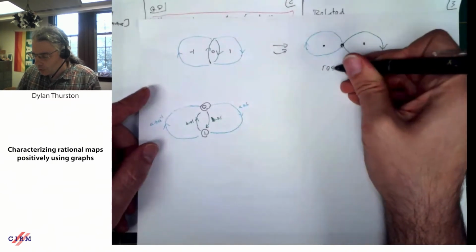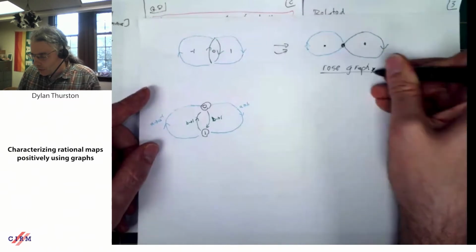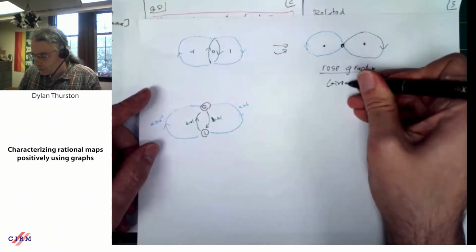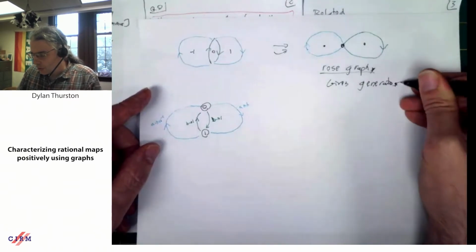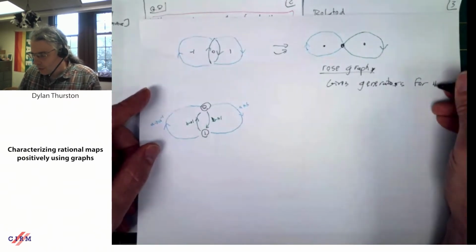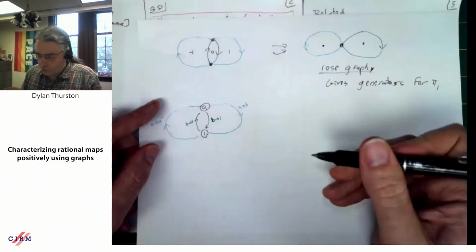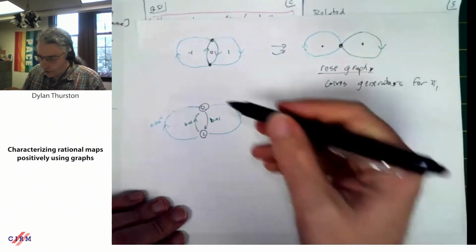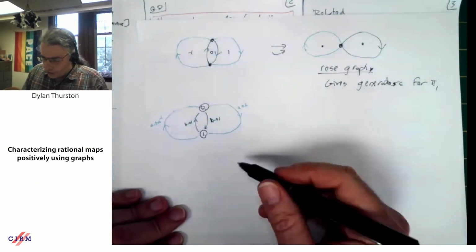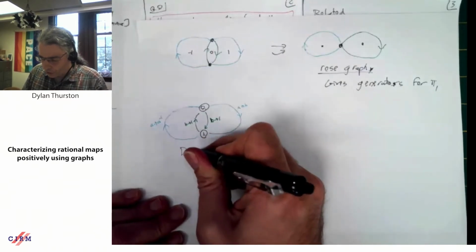So this is what's called a rose graph. And it naturally gives generators for the fundamental group. And then if I take the inverse image, its inverse image is no longer a rose graph, but it will have 2 vertices.